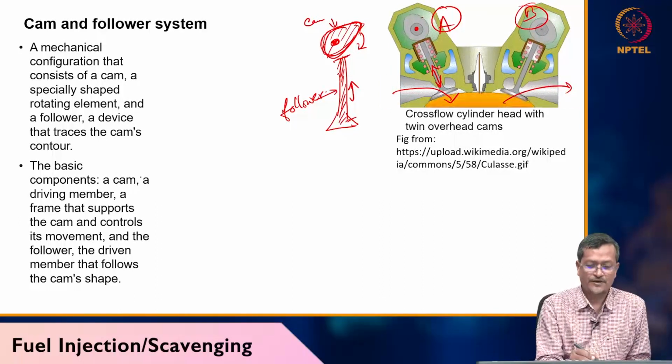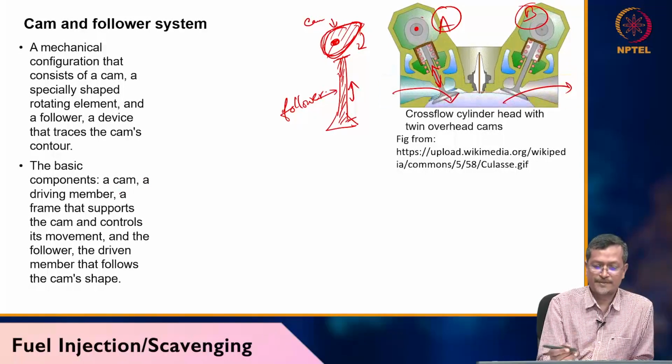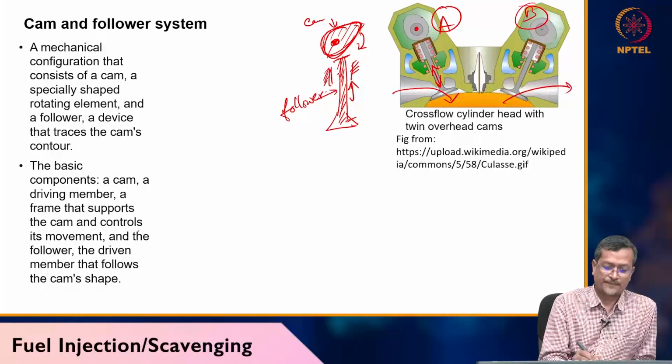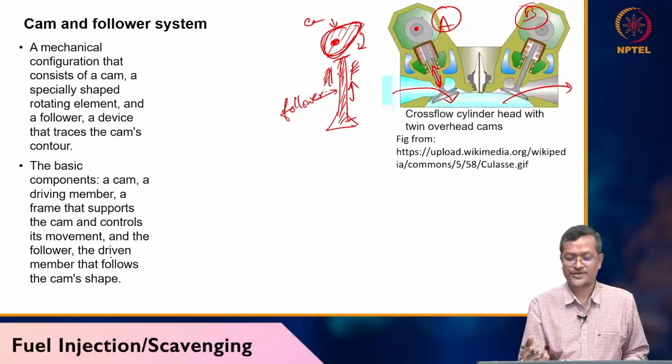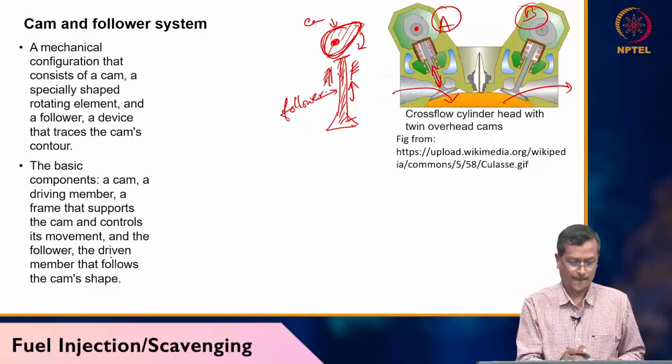The basic components are the cam, a driving member, and a frame that supports the system and controls movement, and the driven member follows the cam shape. The cam will be eccentric, so the driven member will be following the cam.